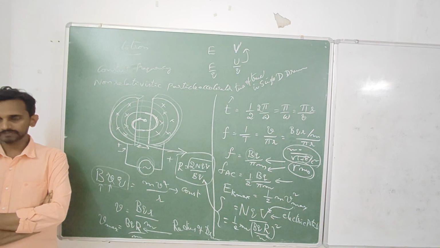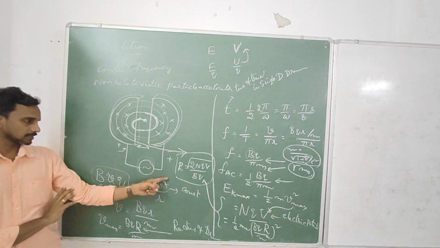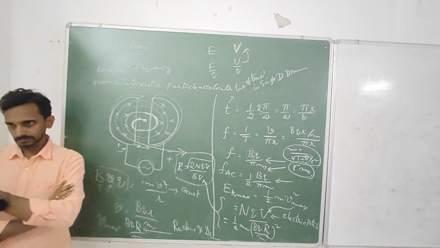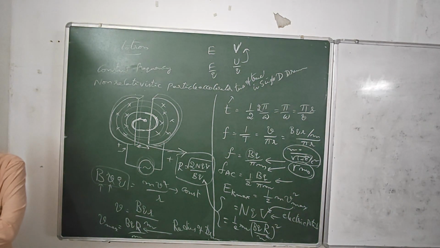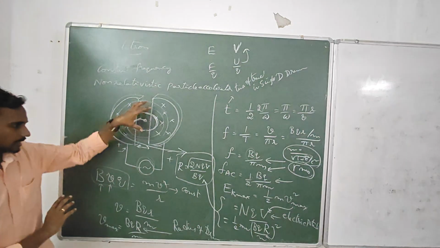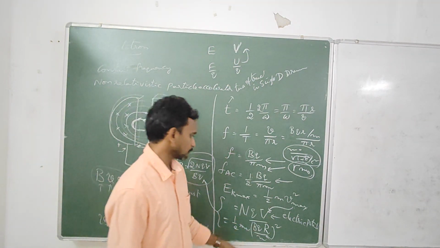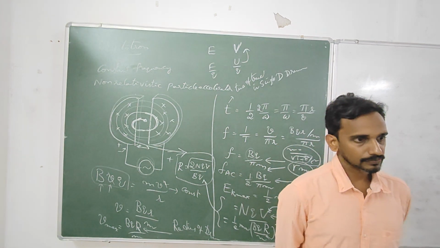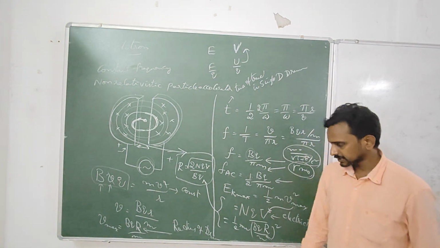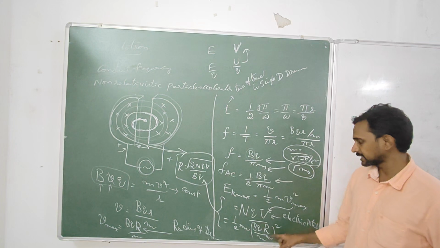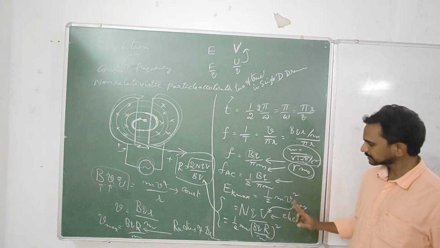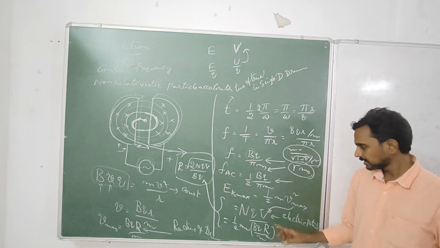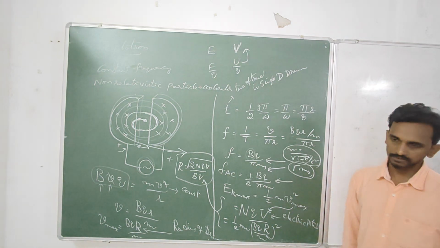So that means, for the same structure, if I raise the magnetic field, I can raise the kinetic energy. For the same magnetic field, if I raise the drum size, I can raise the maximum velocity, and if I raise the potential, I can raise the maximum velocity.